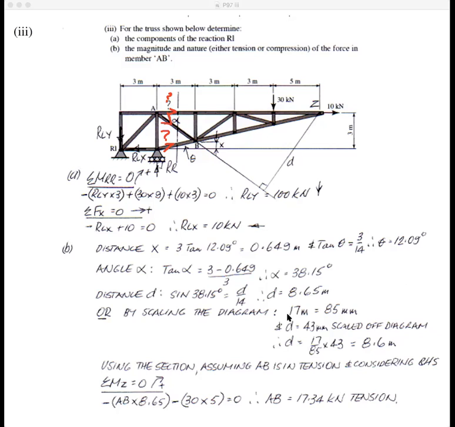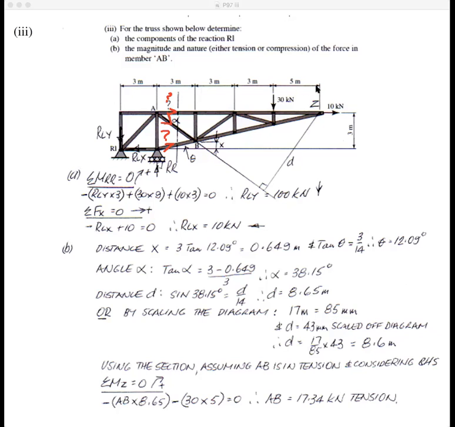17 meters on the diagram works out to be 85 millimeters. Like you can say 5, 8, 11, 14, oh, there it is there, that's 17.